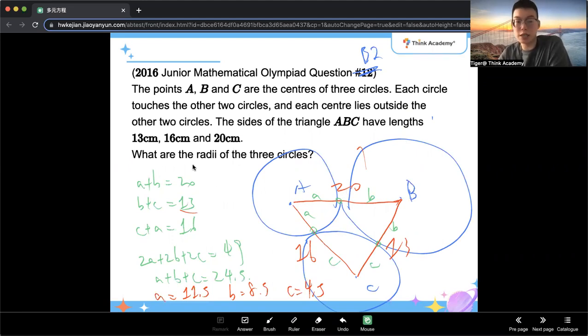The question is just asking you, what are the radii of the three circles? So as long as I'm giving the three radii right, then I would not have to know which is which, okay? So that is totally fine if you have a different order, because these are just names, right? I just set them as A, B, and C. These are just names.